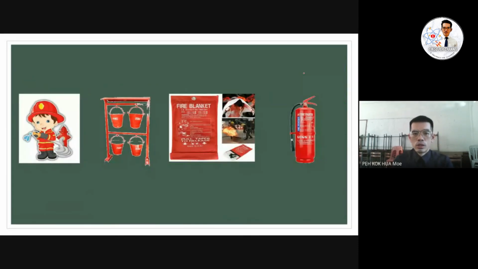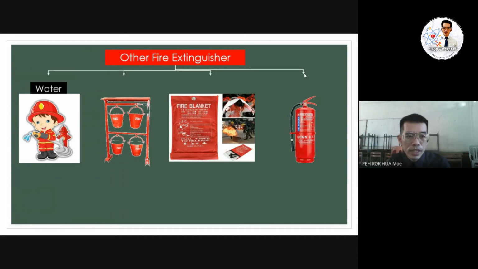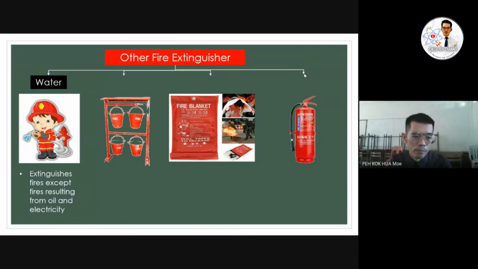Besides the 4 types of fire extinguisher, which you have already learned in your Form 1 science, here we have other methods which can be used to put off fire. Here we have water. As mentioned, water gives a cooling effect, so it is able to extinguish fire except from electricity.